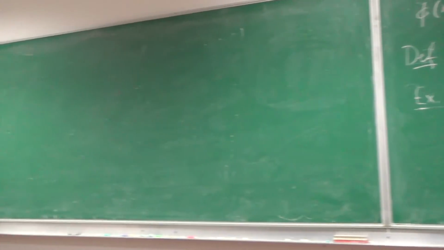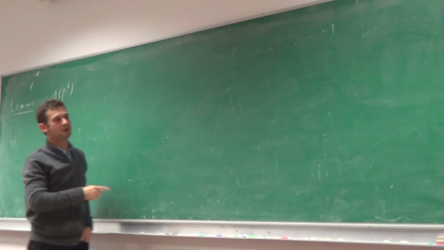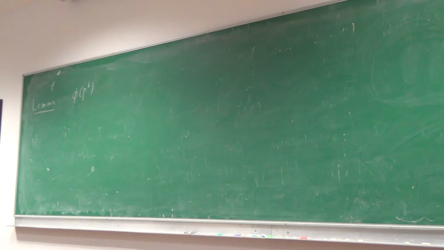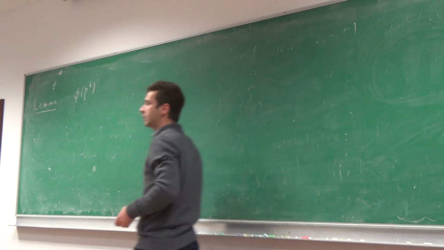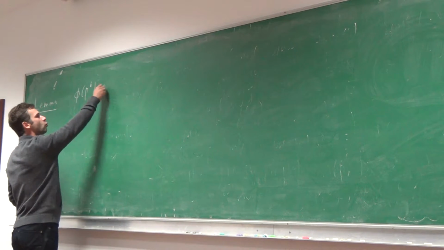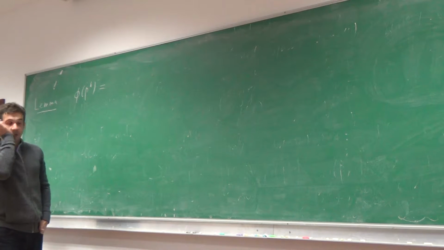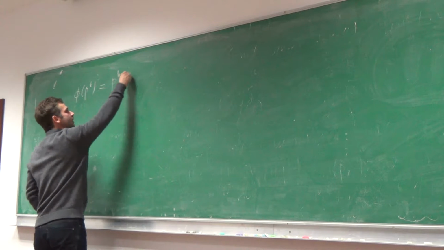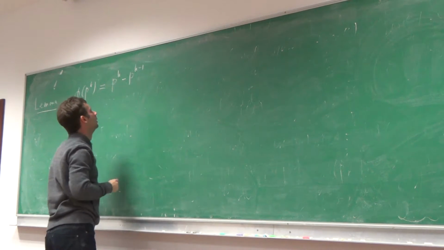It's phi of a prime power. The observation was that phi of p is easy, and it was just this. And phi of a prime power is also not super difficult, but it's a bit more difficult, so we need to spend some time proving this. Basically the formula is phi of p to the k equals p to the k minus p to the k minus 1.